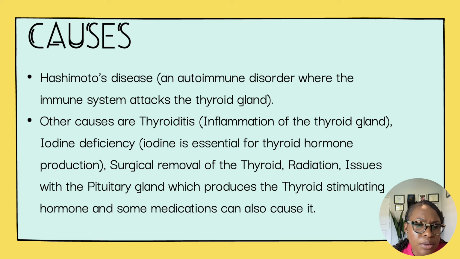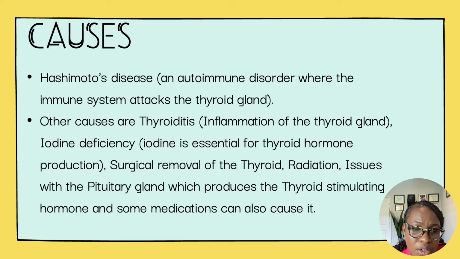So let's talk about some of the causes. One that you see a lot in your class textbooks is Hashimoto's disease. This is an autoimmune disorder where the immune system of the body attacks the thyroid gland, thereby causing hypothyroidism. Other causes are things like thyroiditis. If you break down that word, thyroid and then itis means inflammation, so thyroiditis is the inflammation of the thyroid gland.